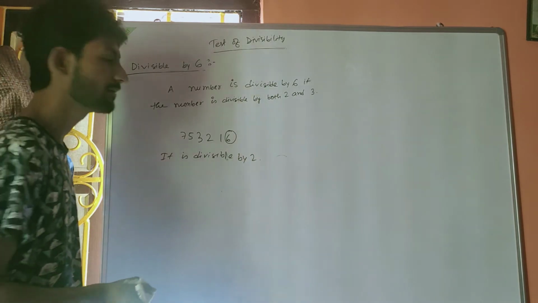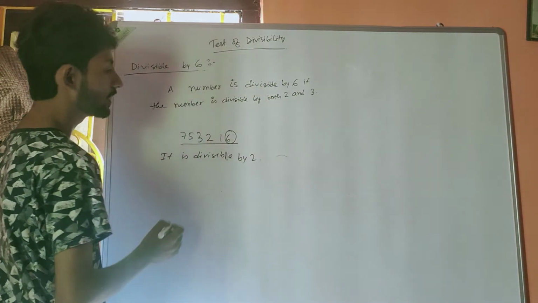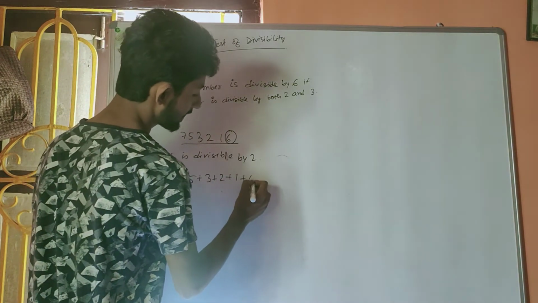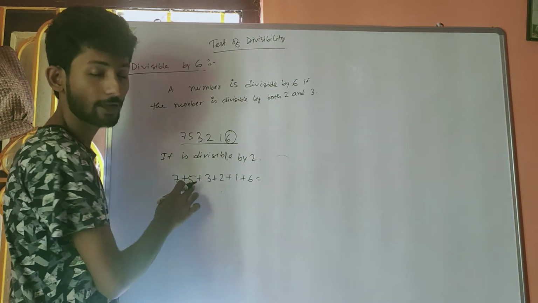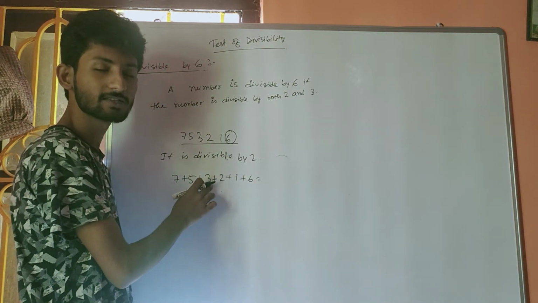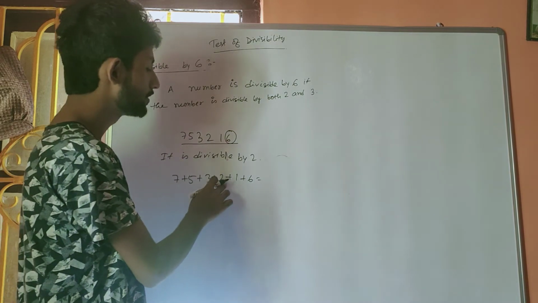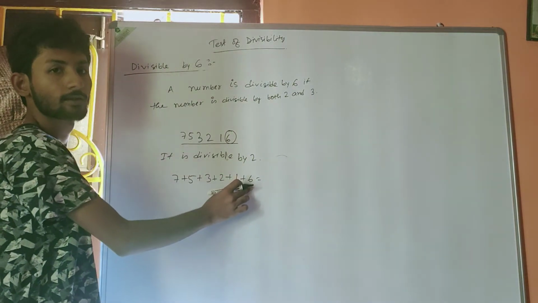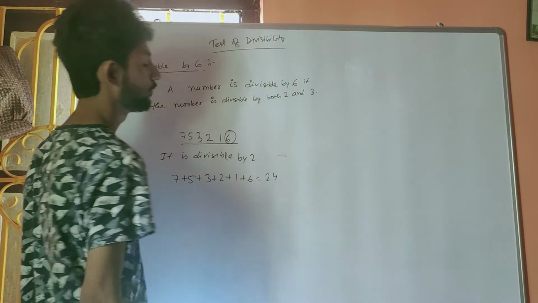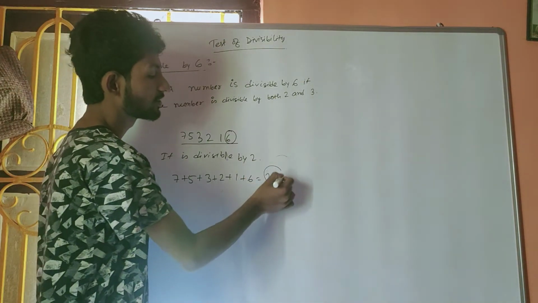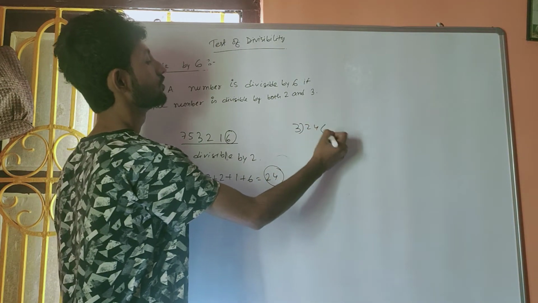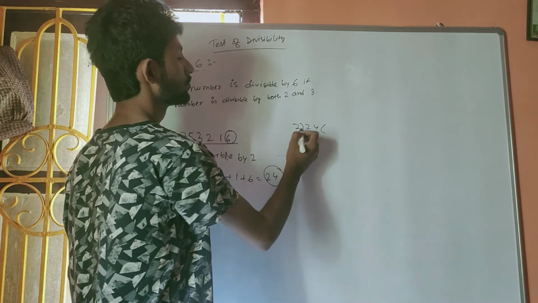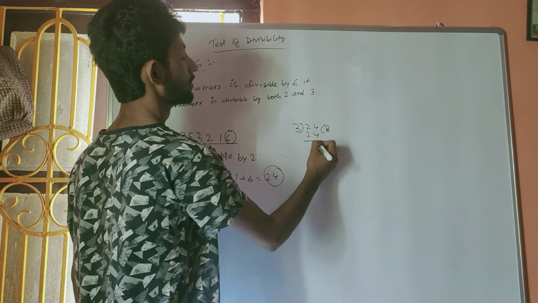Now we have to check, is it divisible by 3? First add all the digits. 7 plus 5 plus 3 plus 2 plus 1 plus 6. What will we get? 7 plus 5 is 12, 12 plus 3 is 15, 15 plus 2 is 17, plus 1 is 18, plus 6 is 24. Now 24 is divisible by 3. 3 eights are 24.